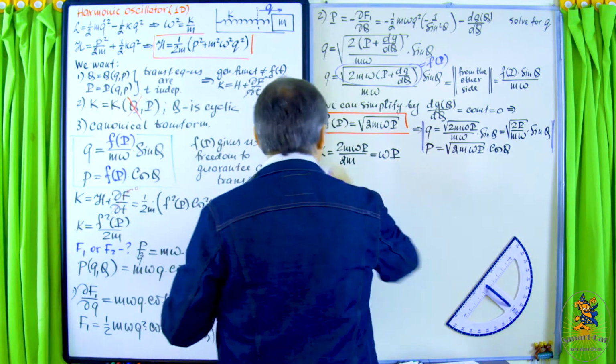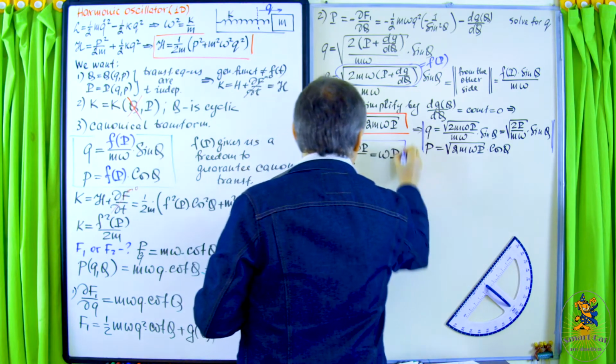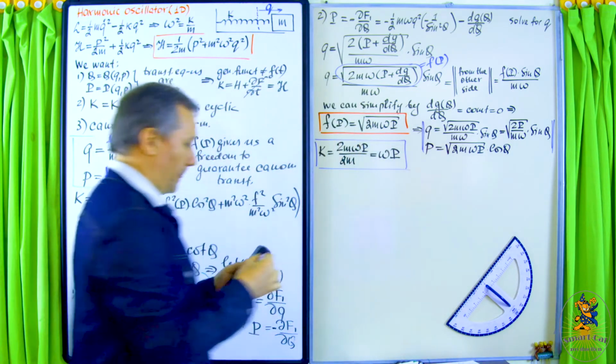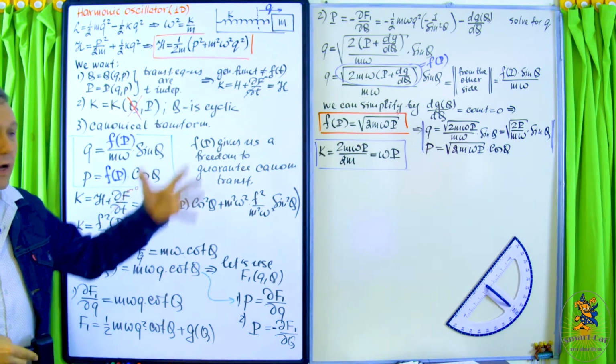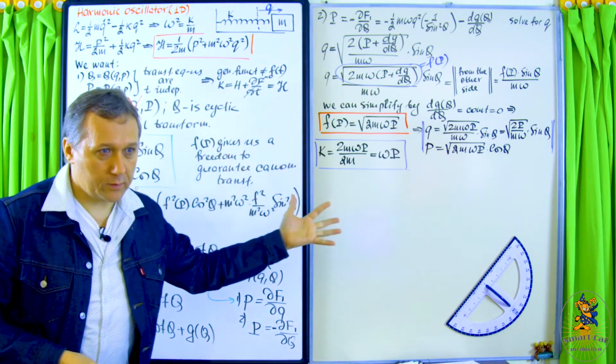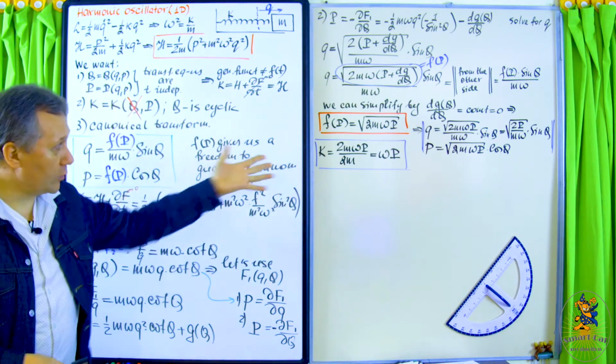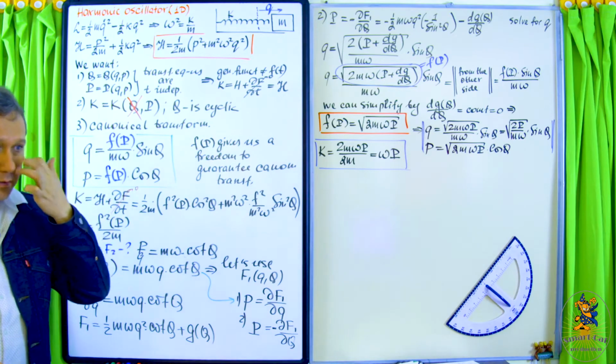Right. And now we are fully in the new world. We have the Hamiltonian written in new variables.